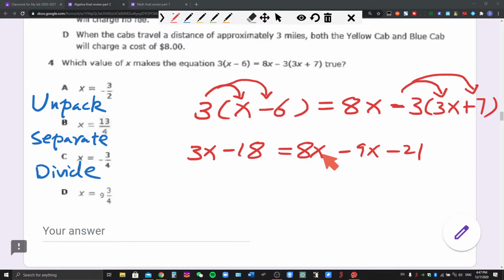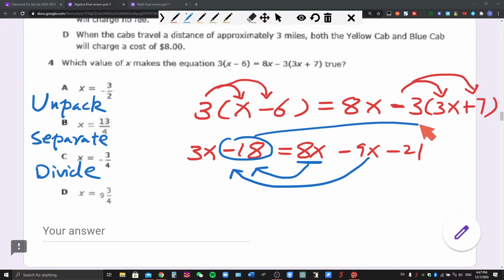Now let's further separate. We want to move all the x to this side, all the numbers to the other side. So we're going to move this to this side, and we're going to move the 18 to that side. All right, one by one. 3x, copy that. 8x moved to this side will become a -8x.